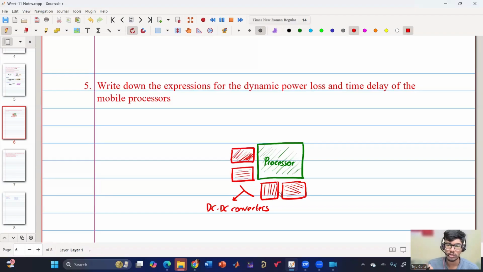Now the processor may not always be fully loaded. Say my mobile phone is in sleep condition, then it will not draw any power because the majority of the applications are in sleep mode, or maybe they are running in the background. But once I turn on the mobile and open some application, say a game like PUBG, it needs to process a lot of things.